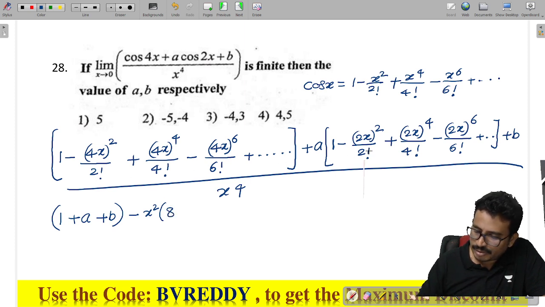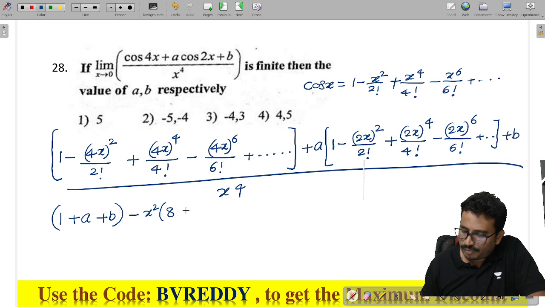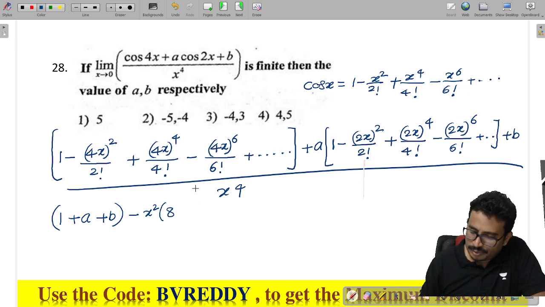Here for the x squared terms, 2 will come, 2 into a, that is plus 2a. Next x power 4 terms.